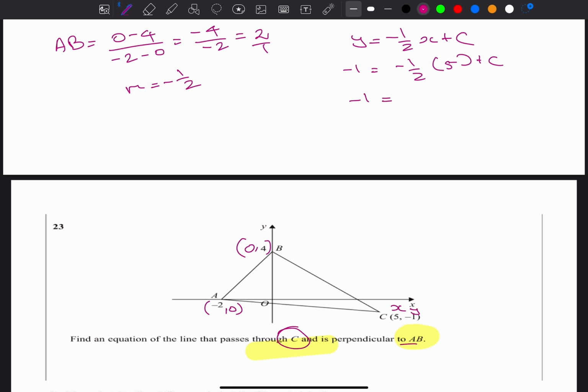Minus 1 equals minus 5 over 2 plus c. Minus 1 add 5 over 2, c is 3 over 2. y equals minus a half x plus 3 over 2. That's the answer.